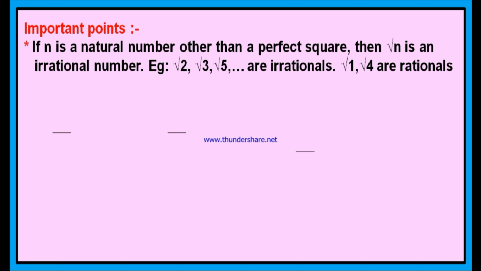It means, if you find the square root of any perfect square, you get a rational number. If you find the square root of 1, you will get 1. It is a rational number. If you find the square root of 4, you will get 2, a rational number. It seems, if you find the square root of any perfect square number, you will get a rational number.